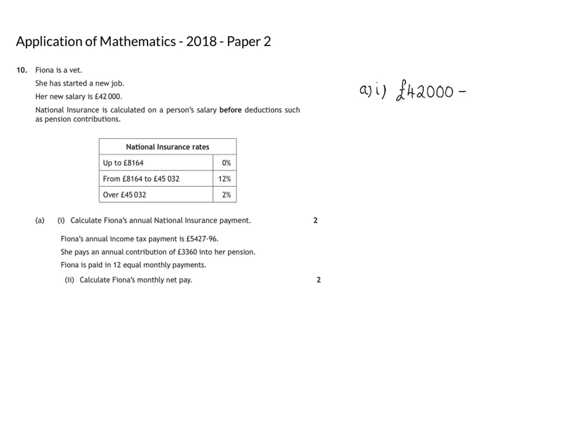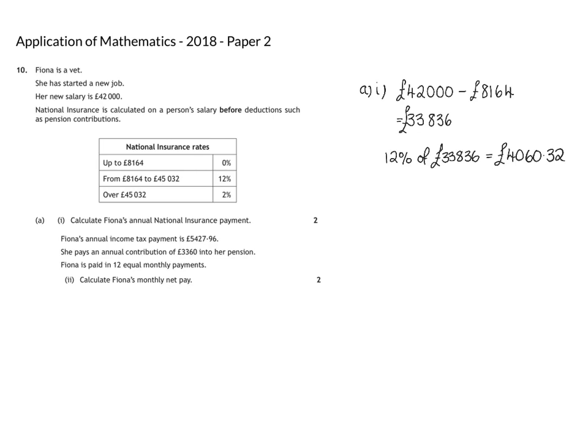And then we're going to have to take away the £8,164, and we get that £33,836 worth of her salary is taxable. And then if we work out 12% of that £33,836, we get that her annual tax is £4,060.32.